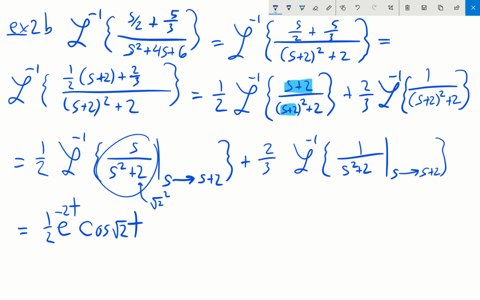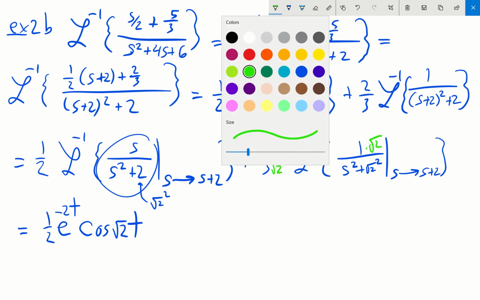Again, if it helps, you can think of this 2 as the square root of 2 squared. Now, whatever constant we have here, we also need to have that same constant in the numerator. So we're going to multiply by a form of 1: put a square root of 2 up top by putting a square root of 2 in the denominator on the outside.